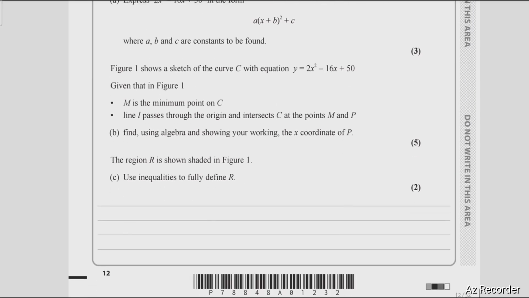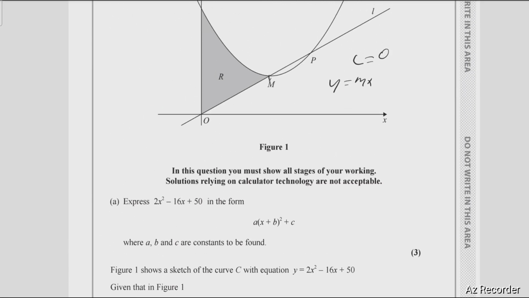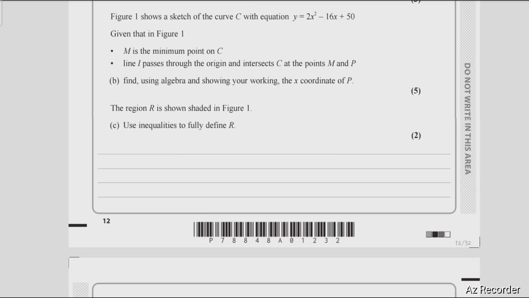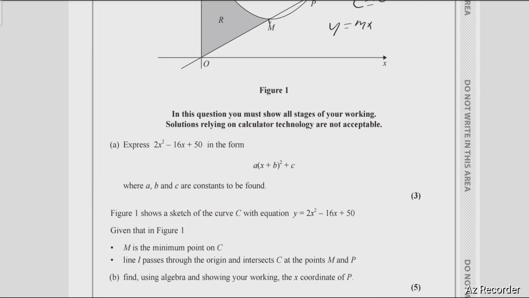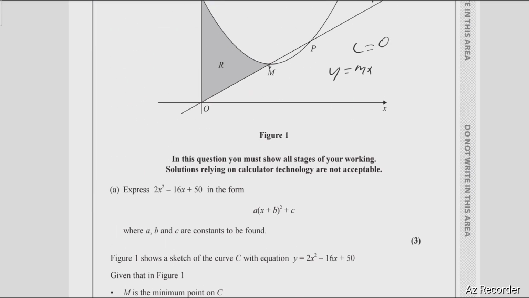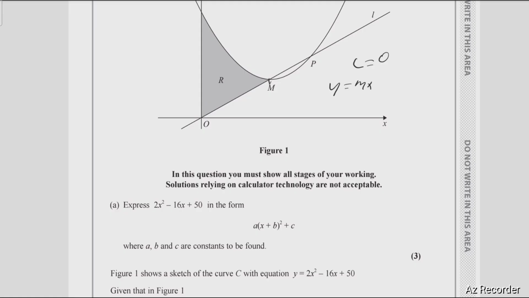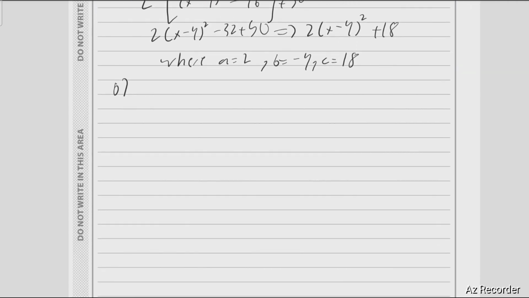So first of all, we need to find the equation for line L. But we need to have 2 points. So we could find the minimum point using completing the square.